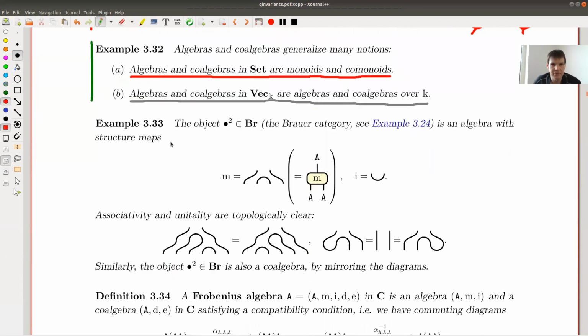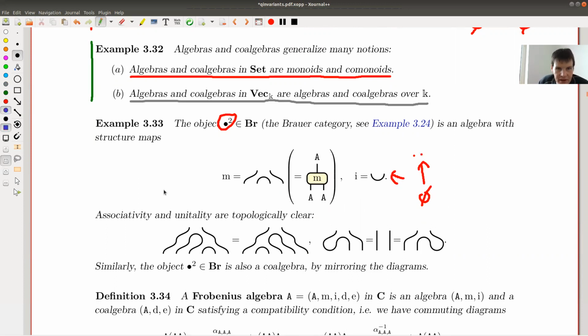A funny example in Brauer is this guy, two dots. That's actually an algebra object in Brauer. How can we see this? Well, we need a unit. The unit should go from empty to two dots. And here you go. There's a diagram from empty to two dots.